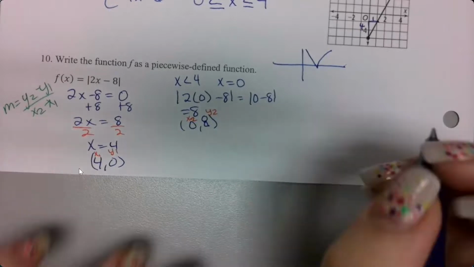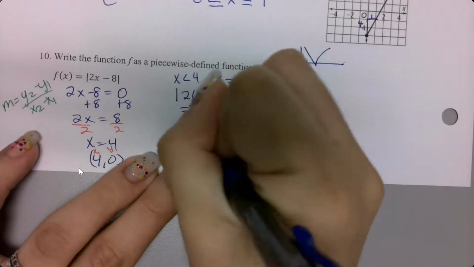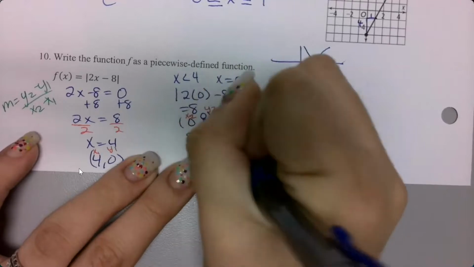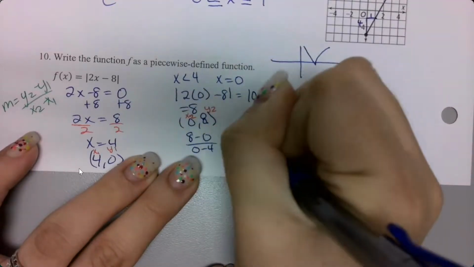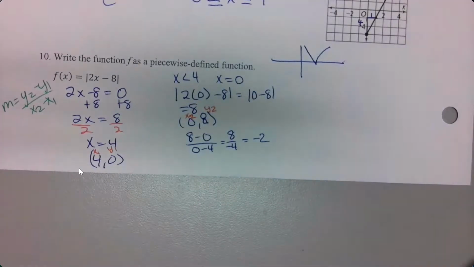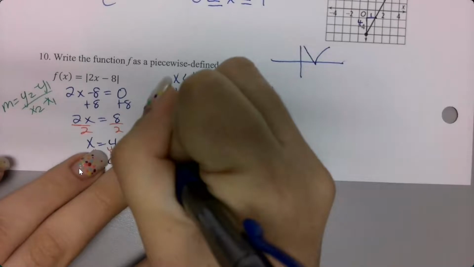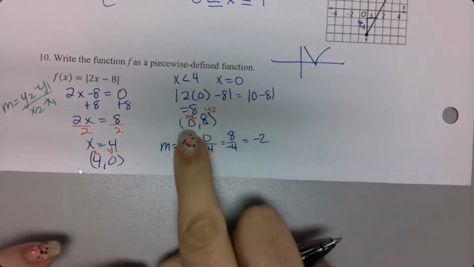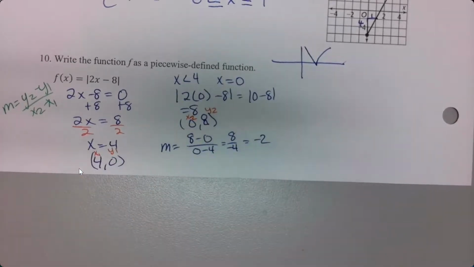So I'm going to plug that in. I'm going to have 8 minus 0 over 0 minus 4, which gets me 8 over negative 4, a slope of negative 2. Then I want to go ahead and plug in, this is my m. I'm going to plug in m, x, and y to find my b value.